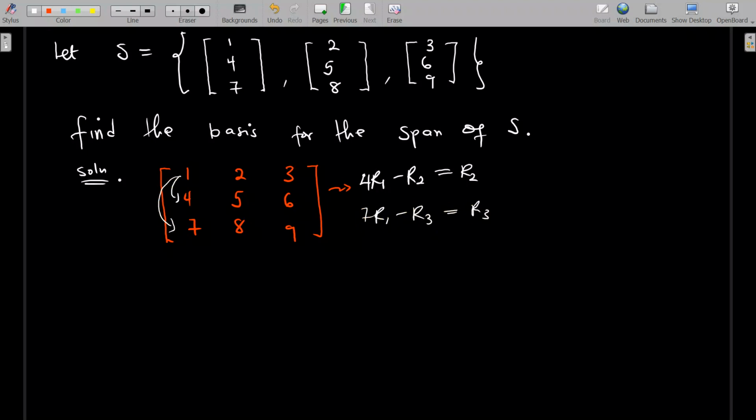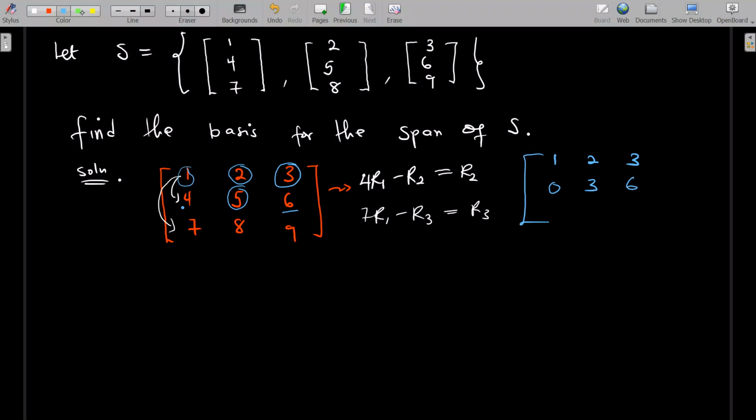So in all, I'm going to have a new matrix that will be like this. I have 1, 2, 3. I don't touch it, and I know 4 times row 1, so I'm going to have 4 minus 4. That's going to give me 0. 4 times 2, that is 8 minus 5, that's going to give me 3. 4 times 3, that is 12 minus 6, that's going to give me 6.